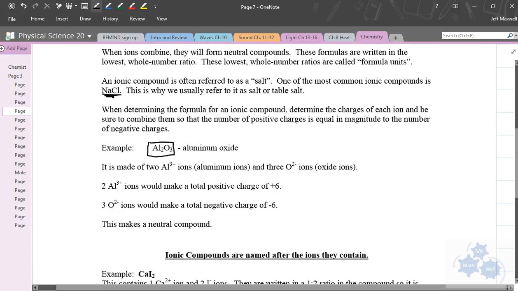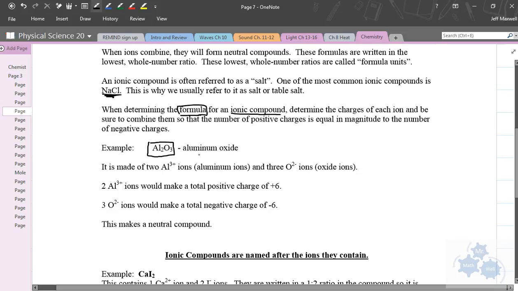When determining the formula for an ionic compound, determine the charges of each ion, and then be sure to combine them so that the number of positive charges is equal in magnitude to the number of negative charges. So just what you were noticing, the charges have to cancel each other out totally. And that's how we know that we're combining them in the right ratio.